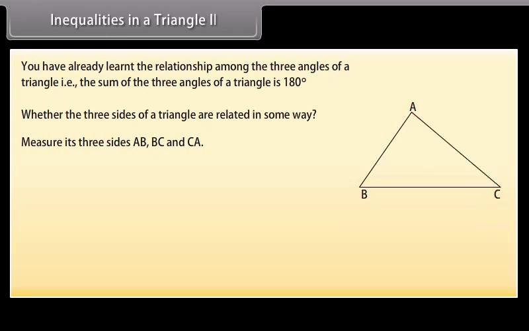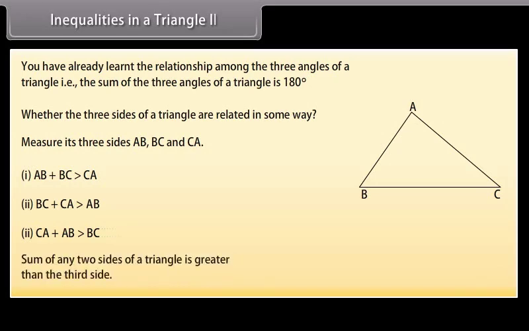We observe that 1. AB plus BC is greater than CA, 2. BC plus CA is greater than AB, and 3. CA plus AB is greater than BC. Thus, we conclude that the sum of any two sides of a triangle is greater than the third side.